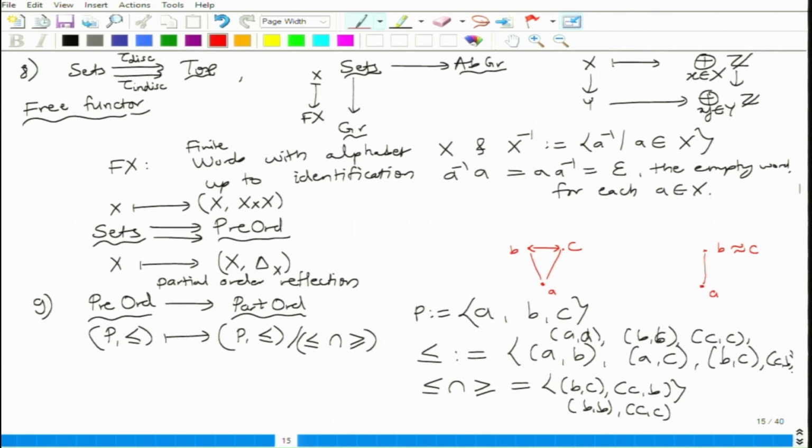Where does the property fail? How many morphisms are there between any two objects? Which two objects have got more than one morphism?